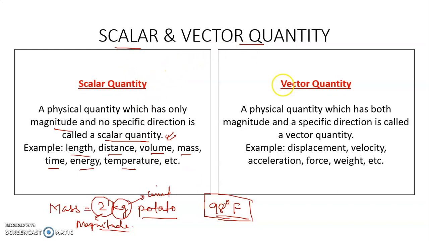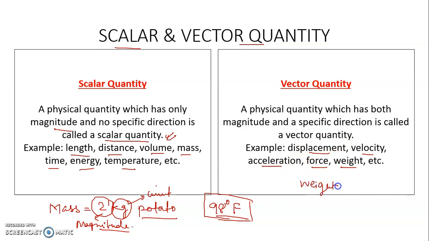Now coming to the vector quantity. What is a vector quantity? A physical quantity which has both magnitude and a specific direction is called a vector quantity. For example, displacement, velocity, acceleration, force, weight, they all are vector quantities. Let us understand this in a little detail. For example, we talk about weight.